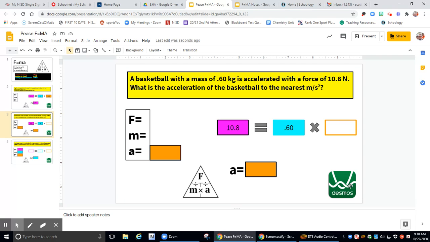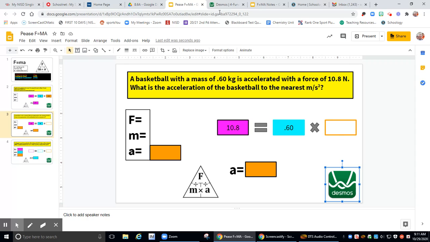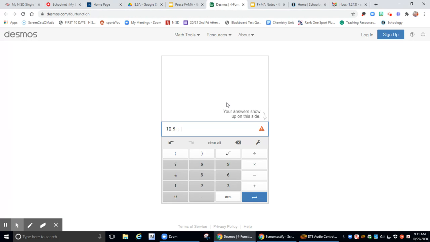mass. Okay, so we can go to the Desmos calculator and we can type in the force, 10.8. Okay, and we're going to divide that by the mass, which is 0.60. Okay, and we get an answer of 18. Okay?